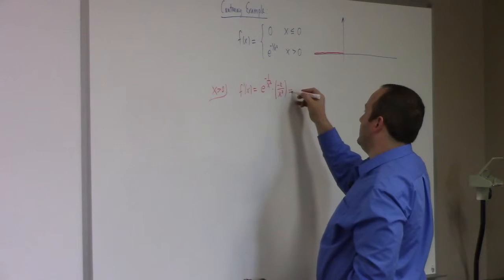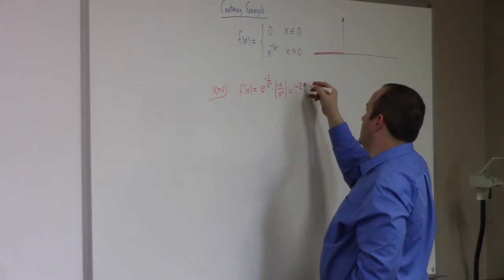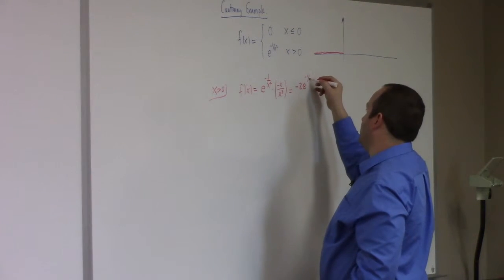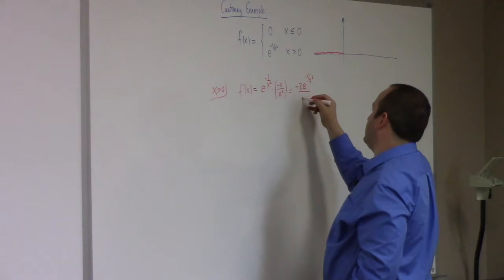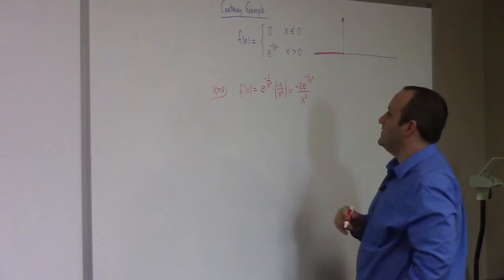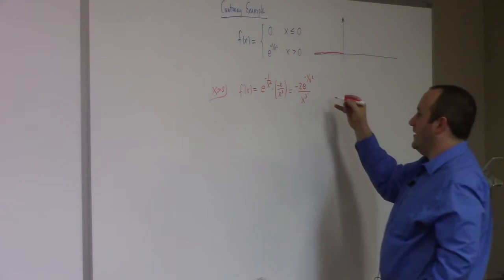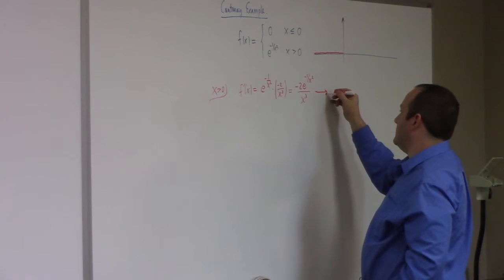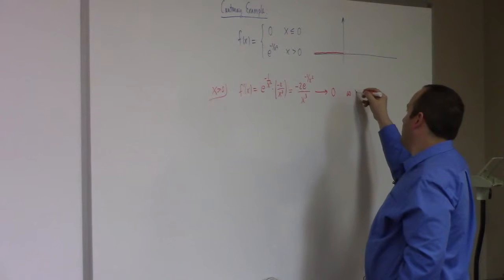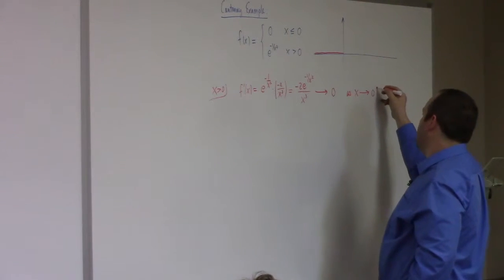Let me clean this up a little bit. You've got minus 2 e to the minus 1 over x squared divided by x cubed. What happens to this as you approach 0 from the right? I won't go through the details, but you can show that this goes to 0 as x goes to 0 from the right.